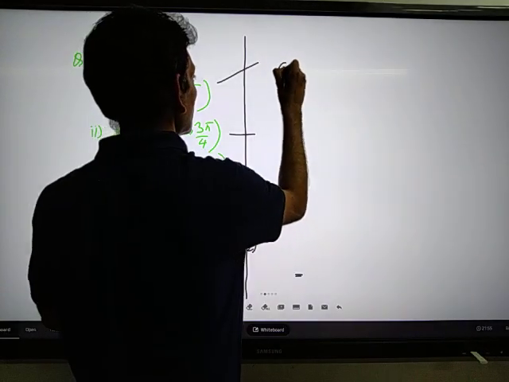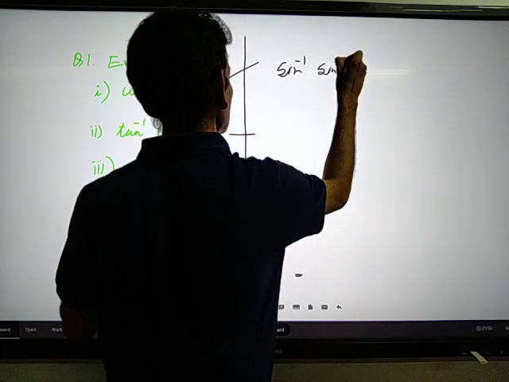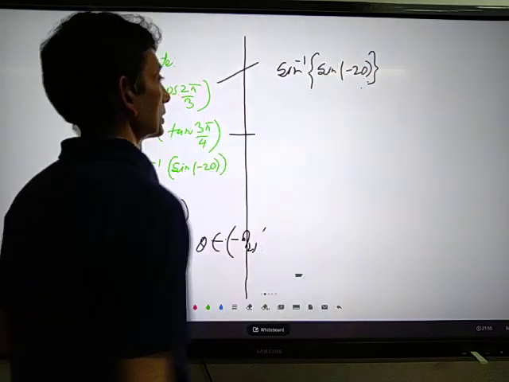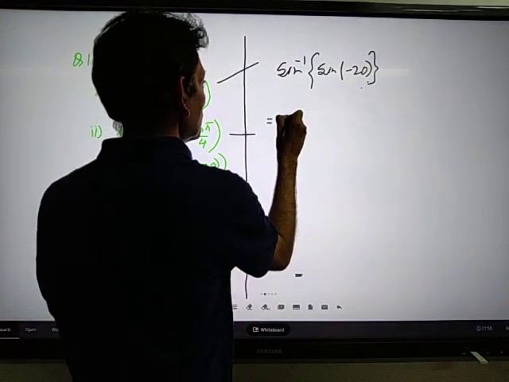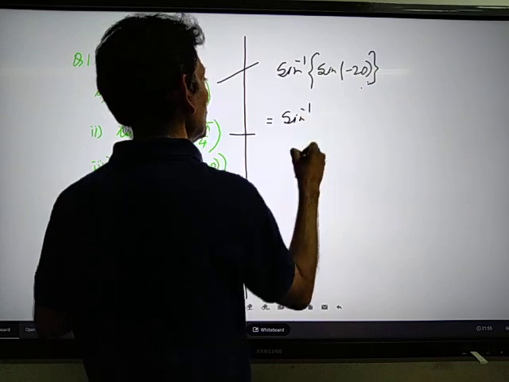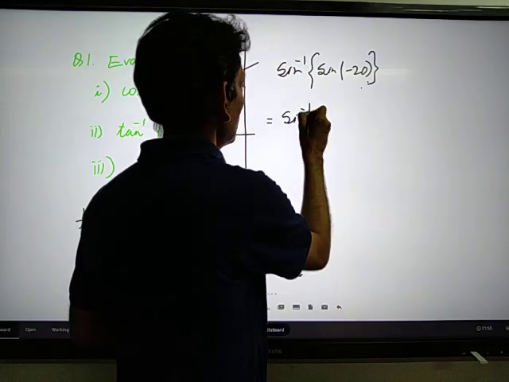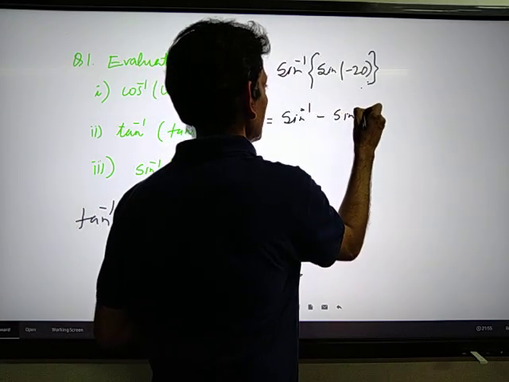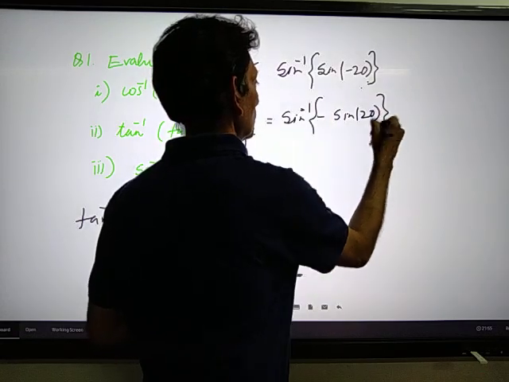Sine inverse sine of minus 20. This is equal to sine inverse of sine minus theta. Sine of minus theta can be written as minus sine theta, that is, with theta as 20.